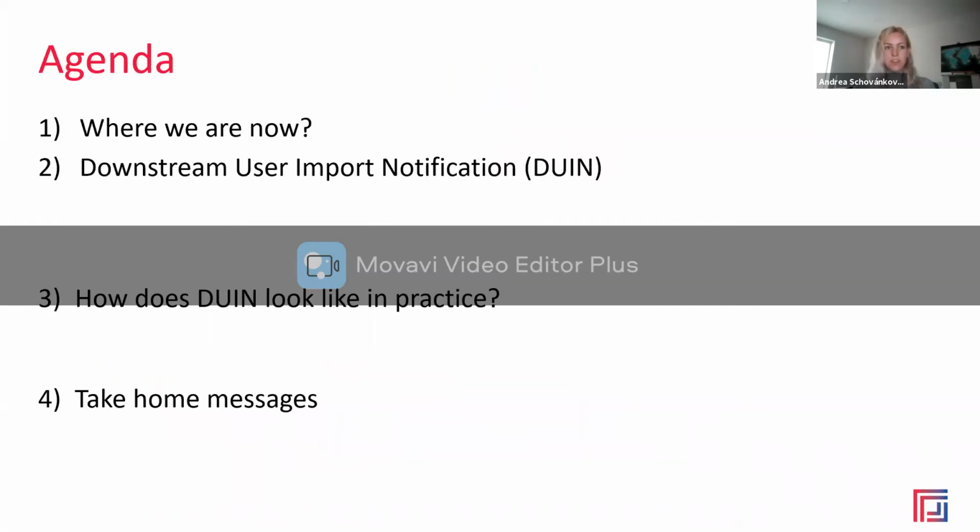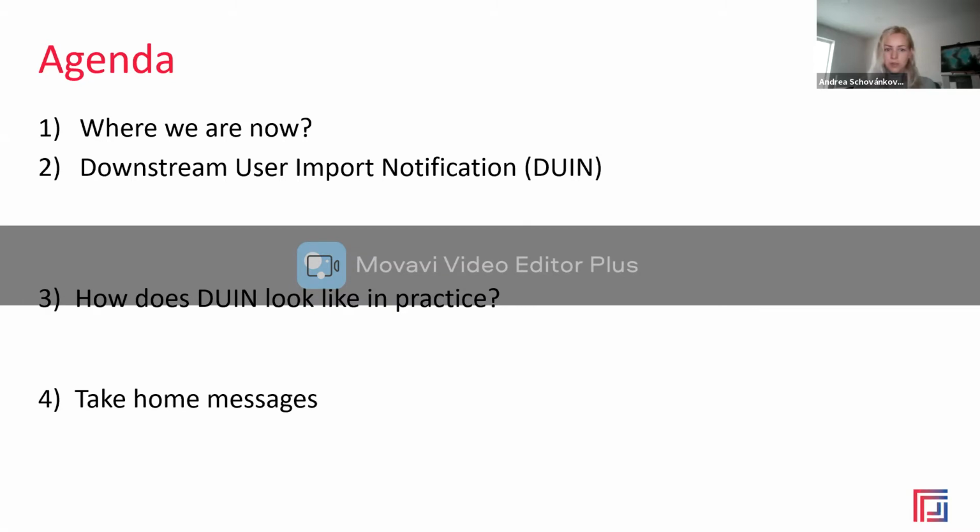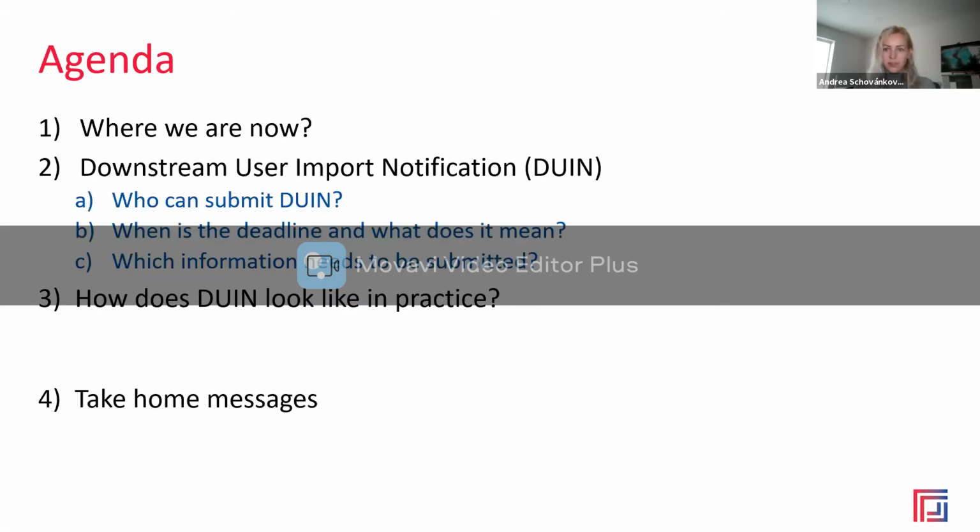So, before we start, here's the agenda, what you can expect to learn today. We will start with where we are now. Then we will take time for the downstream user import notification and also the basics as we already covered in our previous webinars, but we can repeat it again.